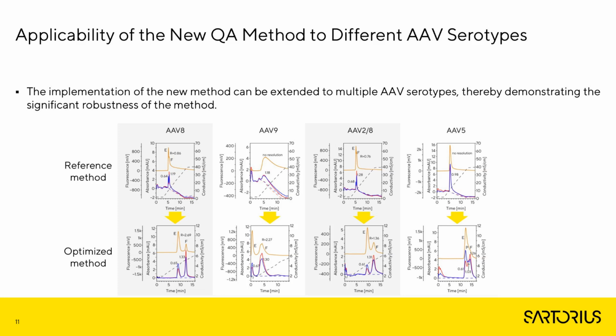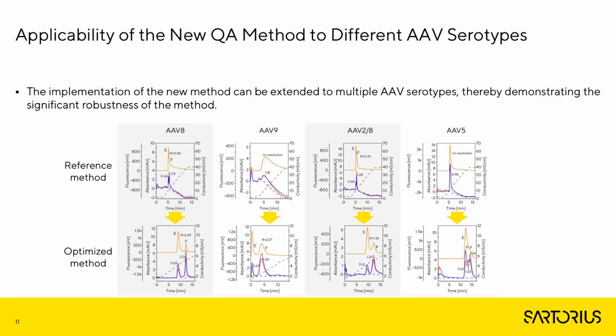On the bottom we have the optimized method with these optimized buffers. We see that a similar elution profile was obtained for AAV8 and AAV2x8. For the AAV5 serotype, the peaks elute closer to the end of the gradient, but we still managed to achieve resolution. For the AAV9 serotype, no resolution was obtained with the reference method.